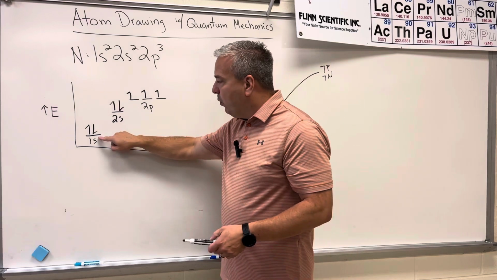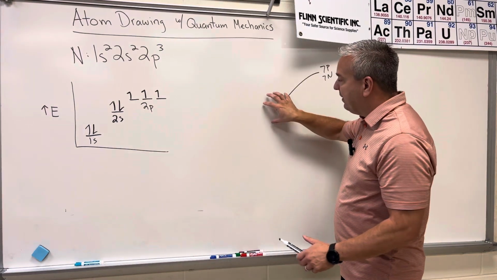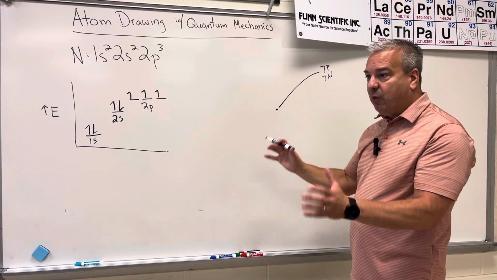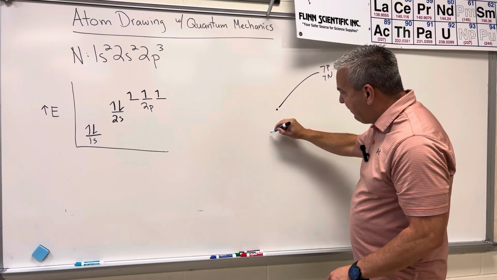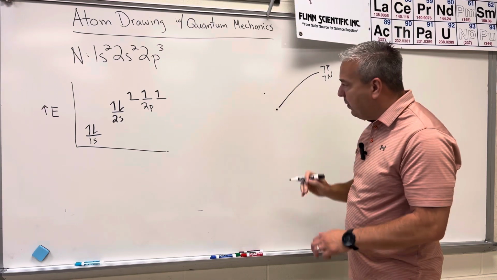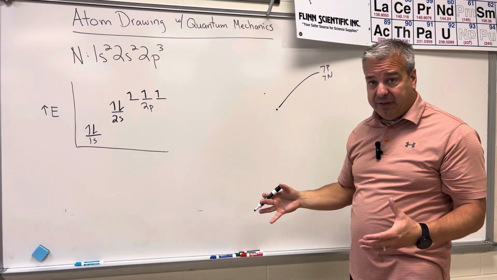So let's start out with the 1s. What this means is we're going to have a sphere that's relatively close to the nucleus. Now, because these electrons are waves, it's not like they have a path like the Bohr model does. They're basically going to show up, and then they're going to dematerialize, because of their wave-like properties.